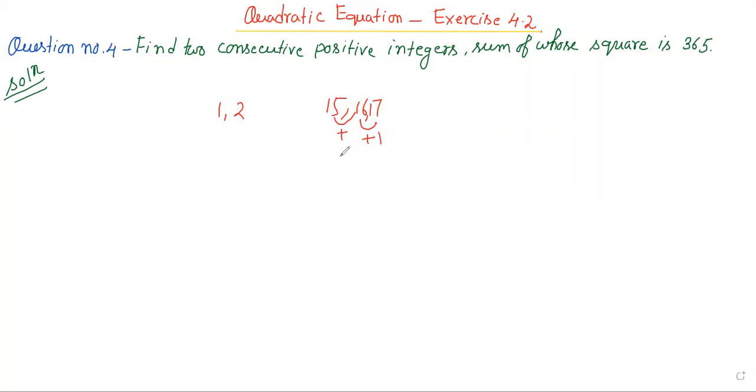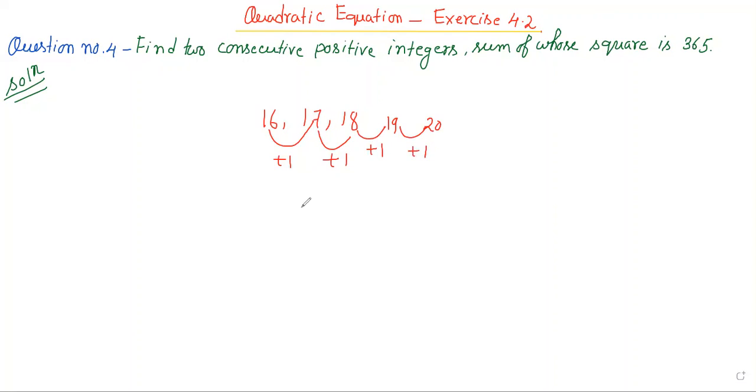Suppose I write 16, 17, 18. The difference between them is 1: 16 plus 1 is 17, 17 plus 1 is 18, and the next consecutive number is 19, which is 18 plus 1.